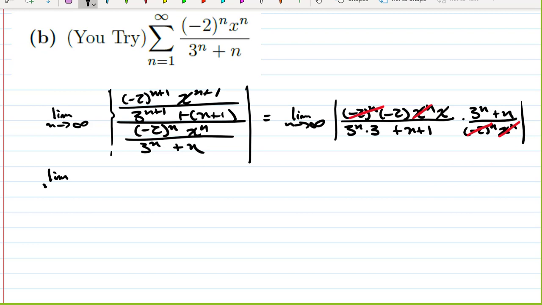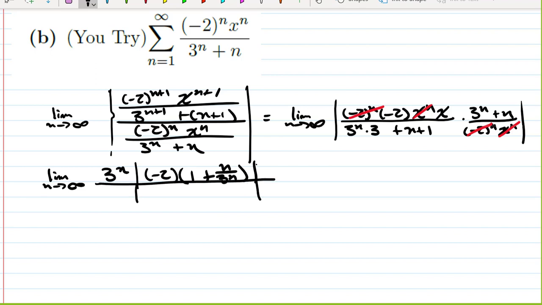So we have the limit as n goes to infinity, and I'm going to factor a 3 to the n out of the numerator and denominator. So 3 to the n, and that's going to leave behind a factor of negative 2 times 1 plus n over 3 to the n in the top, and doing the same thing in the denominator.